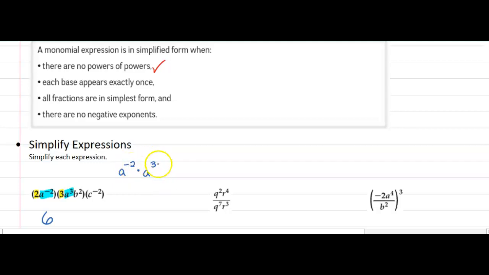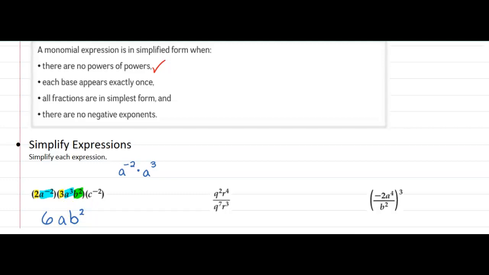And when I do negative 2 plus 3, I end up with A to the 1st. I don't even need to put that first power up there because if there is no exponent, it's understood to be 1. Next, I'm going to look at any term that has b for a base. There's just one of them, b squared.